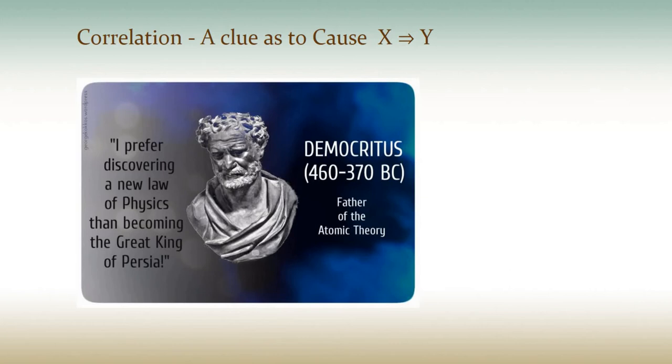So this idea of determining whether one variable affects another is at the heart of the search for cause, whether changes in variable x cause a change in variable y. And this quote here from Democritus, ancient philosopher, scientist, said, "I prefer discovering a new law of physics," which more literally meant discovering a cause, than becoming the great king of Persia.